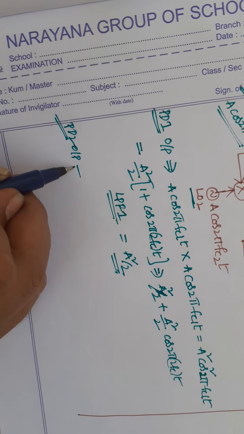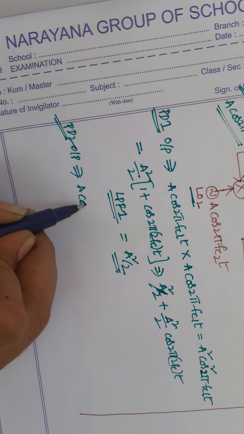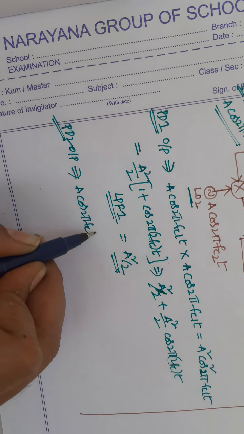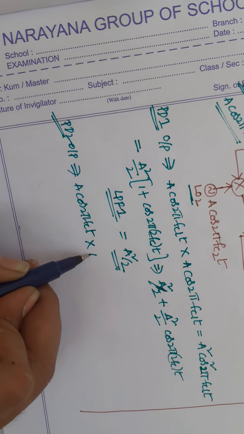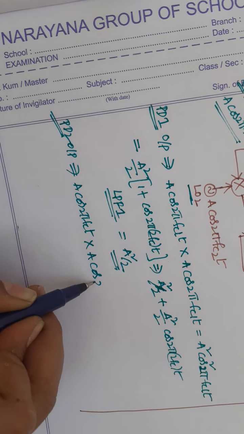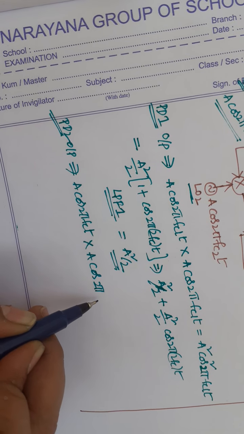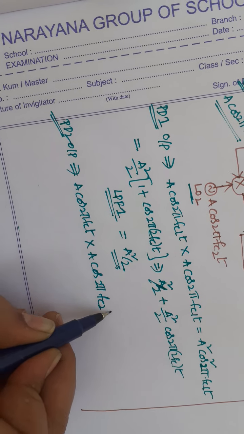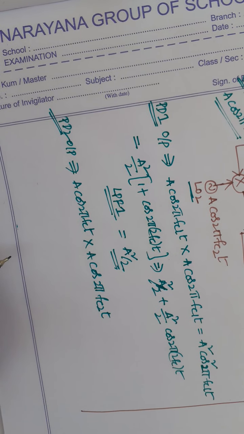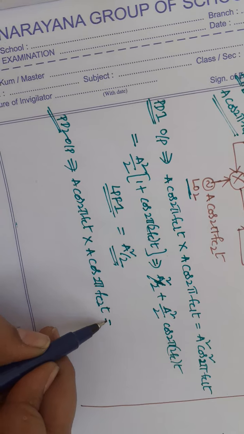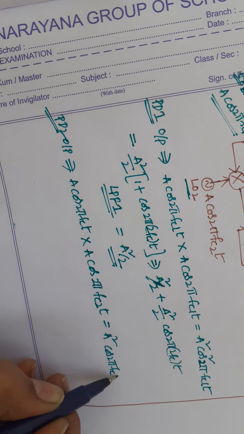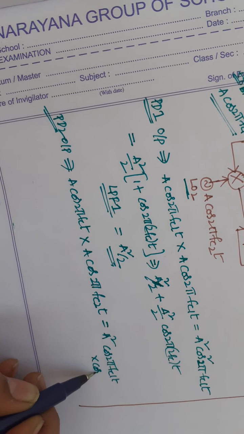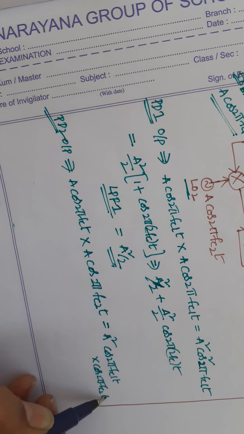Product detector 2 output: A cos 2 pi Fc1t, this is the BFSK modulated signal, is multiplied with local oscillator 2, that is A cos 2 pi Fc2t, right? The resultant is A square cos 2 pi Fc1t into cos 2 pi Fc2t.